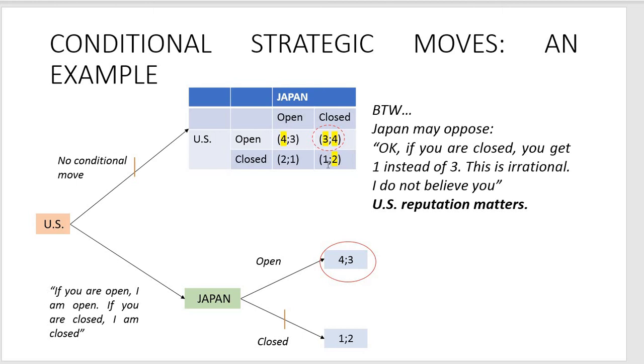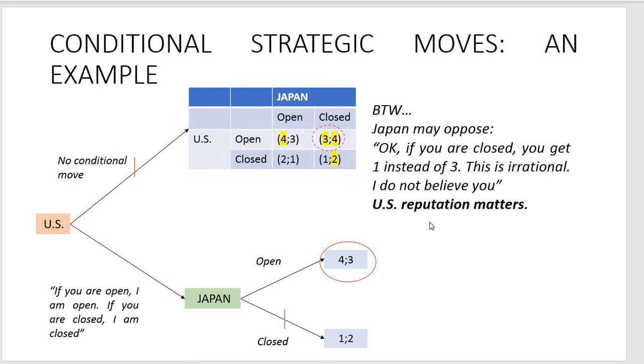So Japan can say, okay, if you are closed and I am closed, then it's not good for you. I do not believe that you would like to be closed and get 1 instead of 3. This is irrational. It makes no sense. You will never do this. So that's why I do not believe you, and I will not decide to go open.